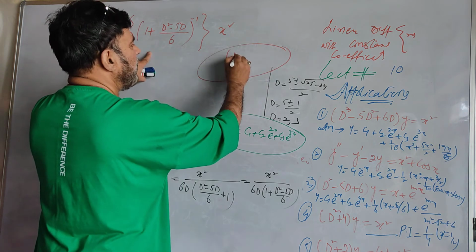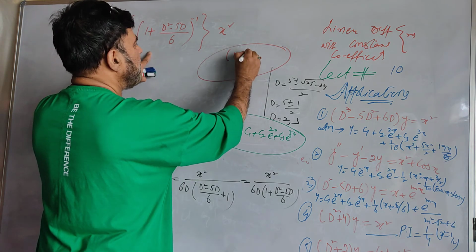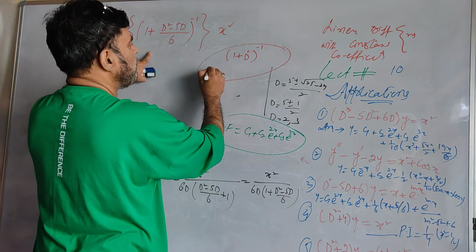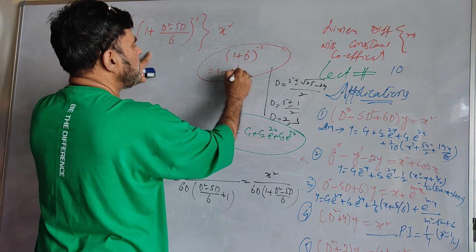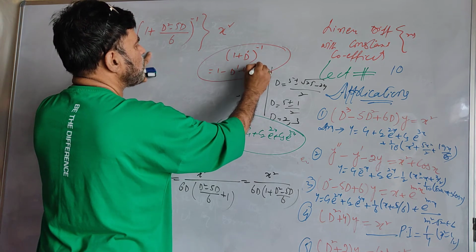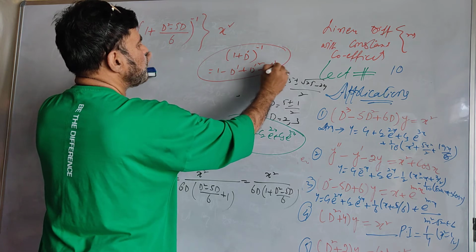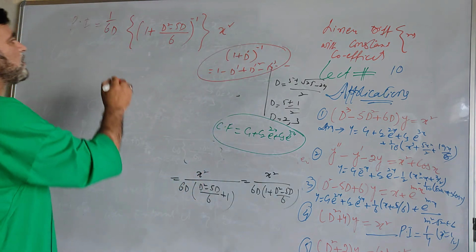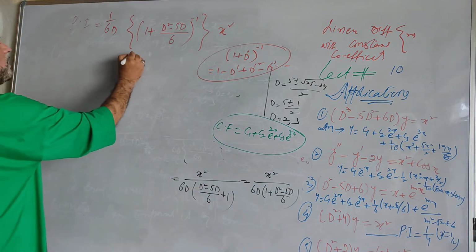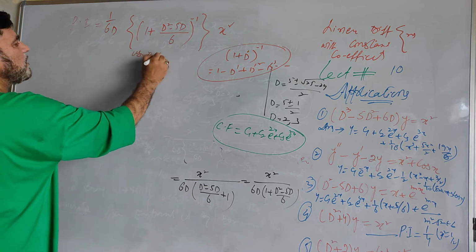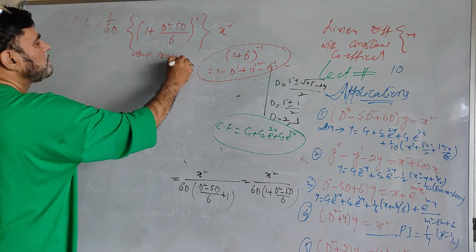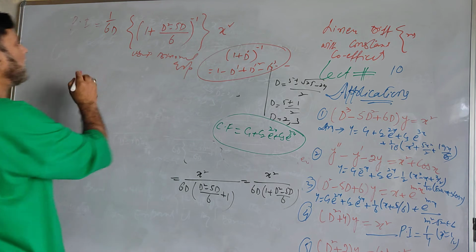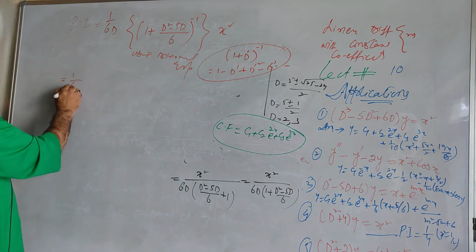Now you have to use this one here. Suppose you have 1 plus d dash raised to the power minus 1. What is this? 1 minus d dash plus d dash square minus d dash cube, and so on. Using binomial expansion, 1 by 6d is out.